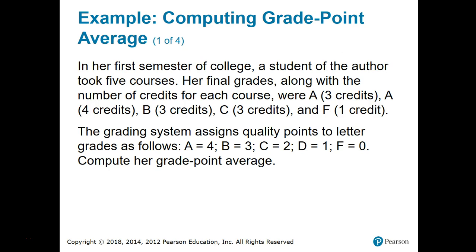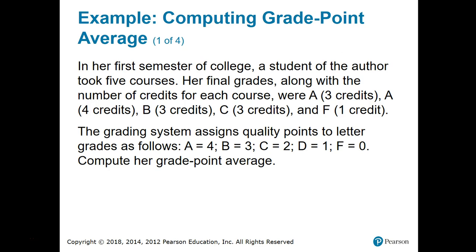Her final grades, along with the number of credits for each course, were an A, which was 3 credits, an A, which is 4 credits, a B, which is 3 credits, a C, which is 3 credits, and an F, which is 1 credit. So, did she fail orientation? She failed a 1 credit class. I did get a C in an orientation class.